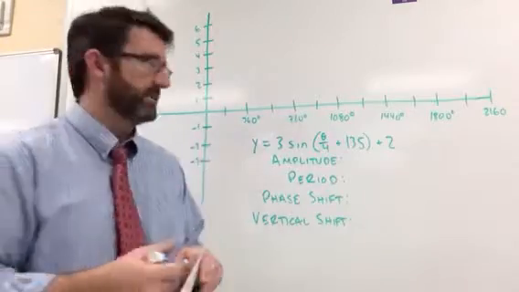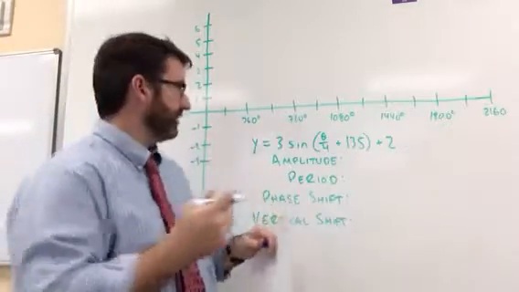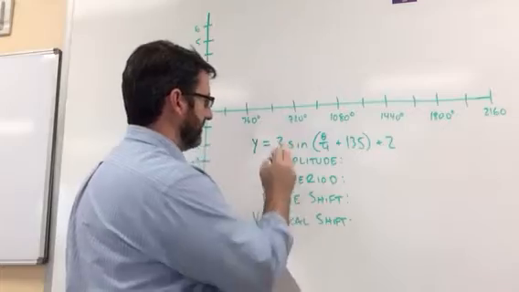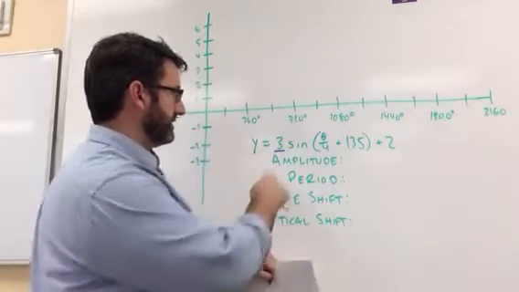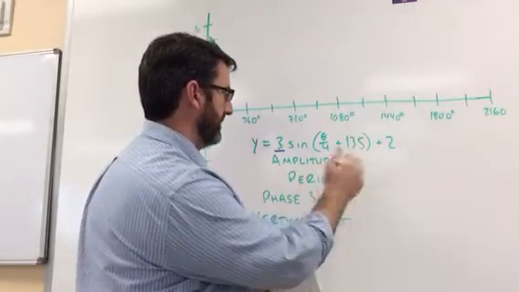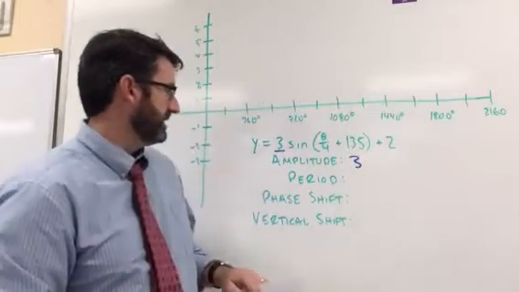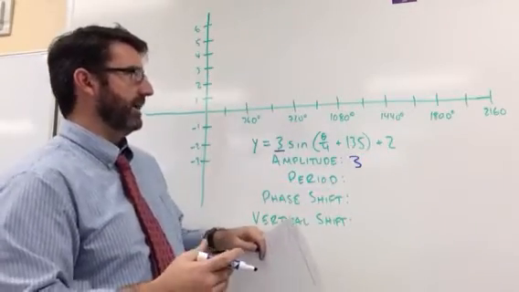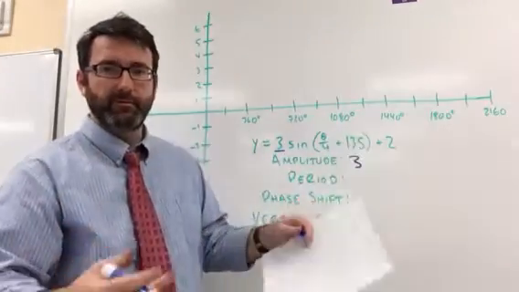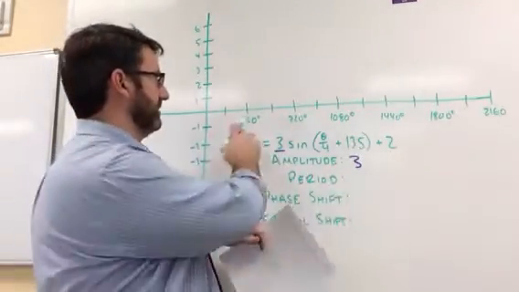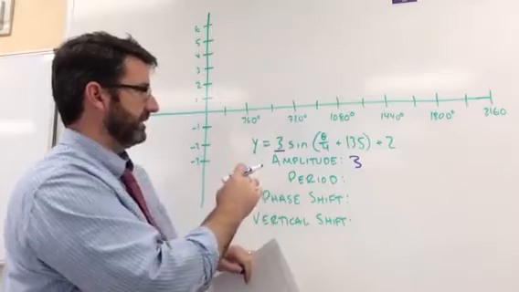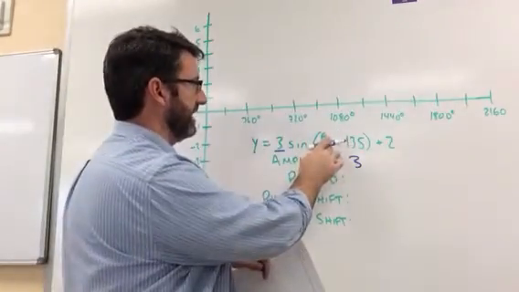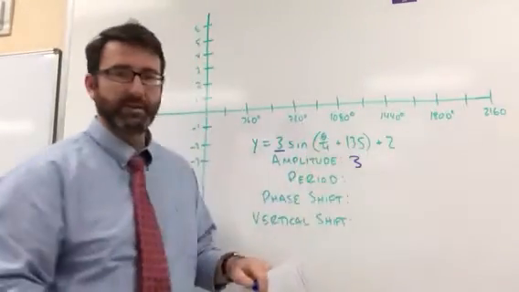All right, let's start with the amplitude. The amplitude is always going to be this number right there. And so the amplitude here is going to be 3. The period is going to be 1 full rotation of the unit circle, so 360 degrees in this case, divided by this number in front of the theta.